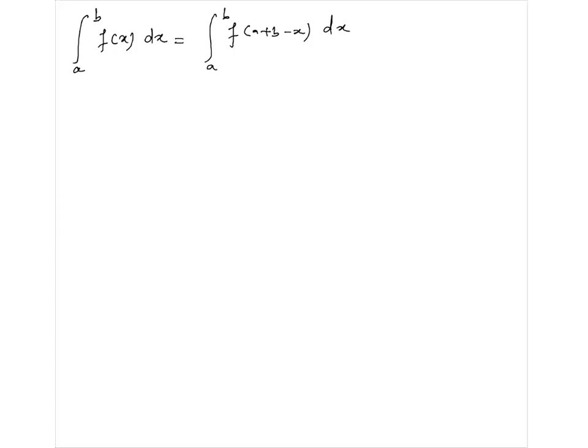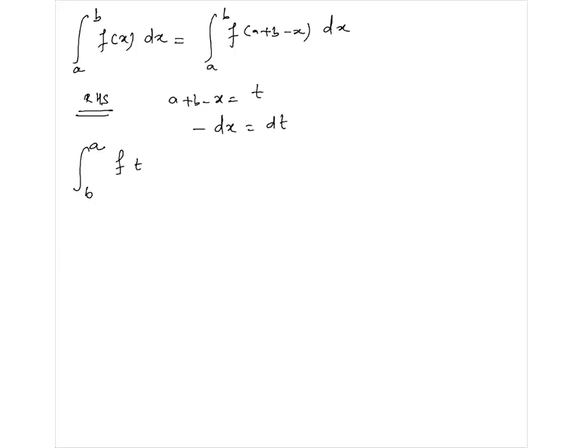Method is similar. We start with RHS. We take a plus b minus x equal to t. So the differential minus dx is dt. Now when x is a, t is b. When x is b, t is a.